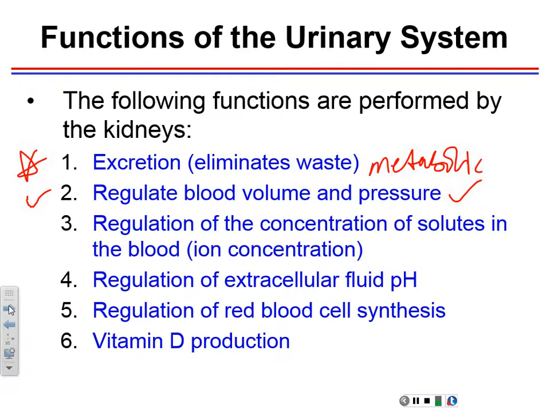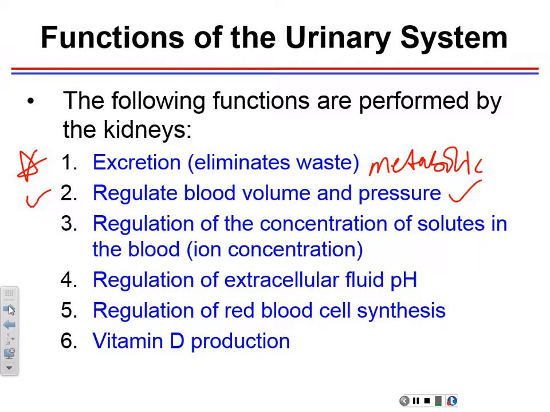So if your blood pressure goes low because your blood volume goes low, what happens? Your kidneys will retain more sodium. You will release a hormone called aldosterone, that we saw in the endocrine system. Aldosterone causes the kidney to retain more sodium. When you retain more sodium, you then retain more water. Water will follow the solids, and then you produce concentrated urine. Your blood volume goes up, and blood pressure goes up.